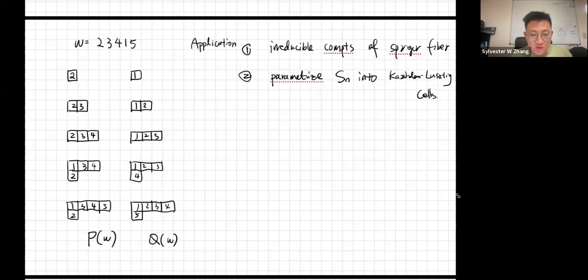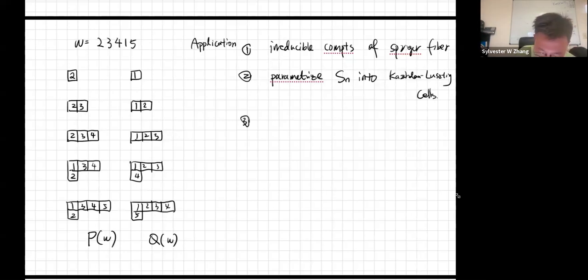In that context, you can use the RS to describe the cells: if two permutations are in the same left cell, then they have the same insertion tableau. If they're in the same right cell, they have the same recording tableau. So it's very useful in that context.